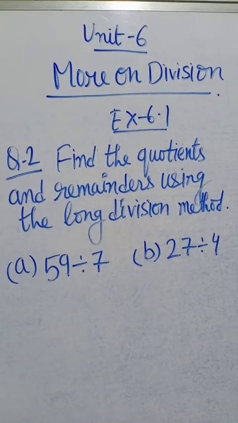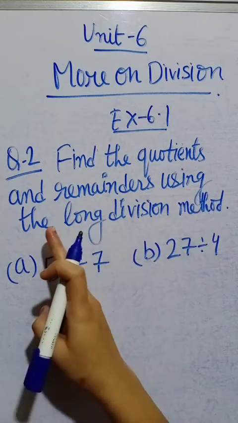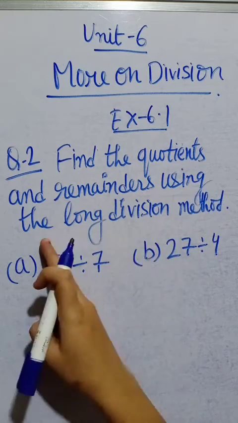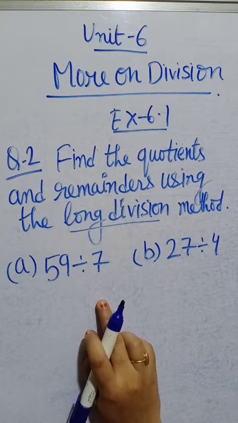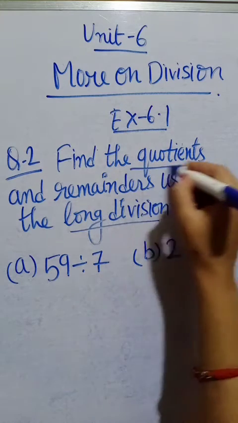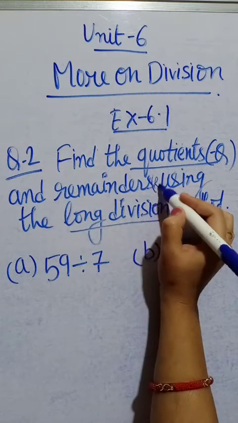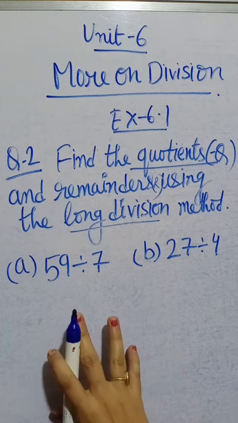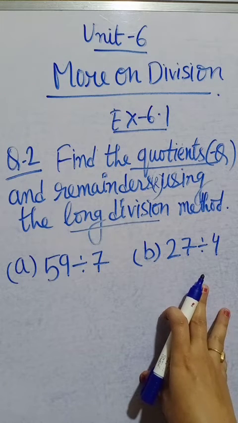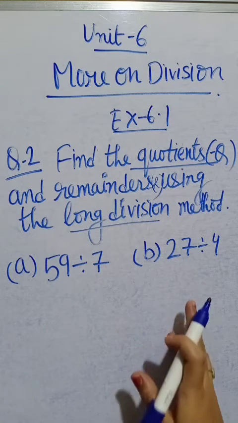Now students, the second question of exercise 6.1 is: find the quotients and remainders using the long division method. Two parts are given over here. We have to find the quotient, means Q, and the remainder, means capital R. Some remainder will be left in both parts, if the dividend is not divided fully.